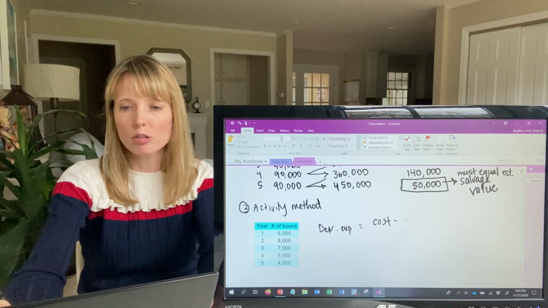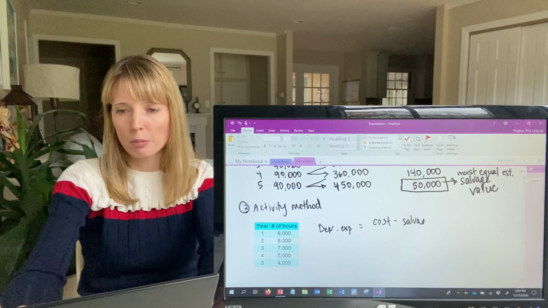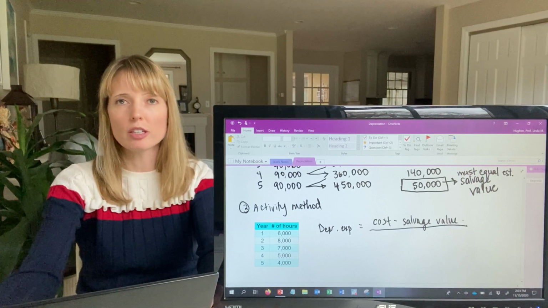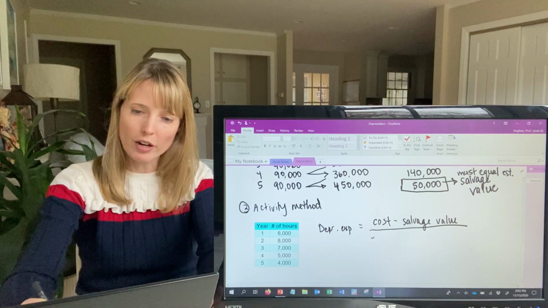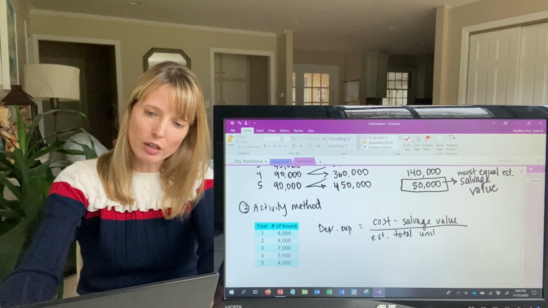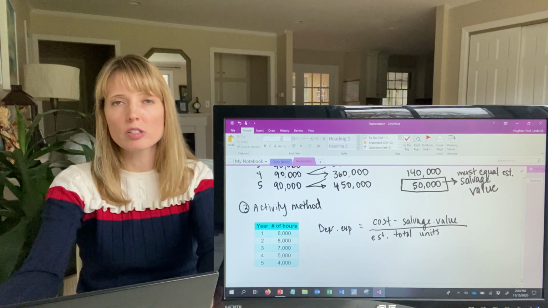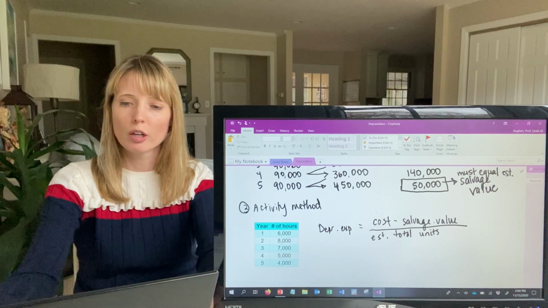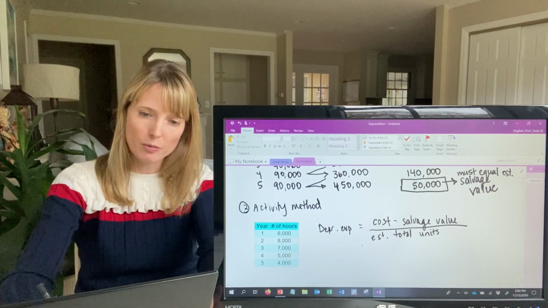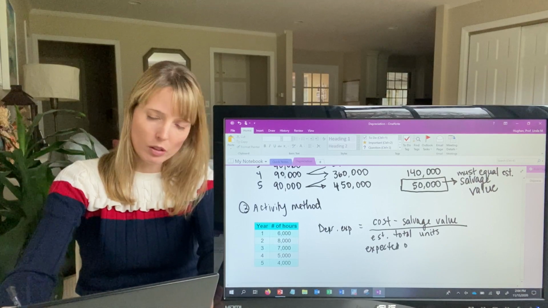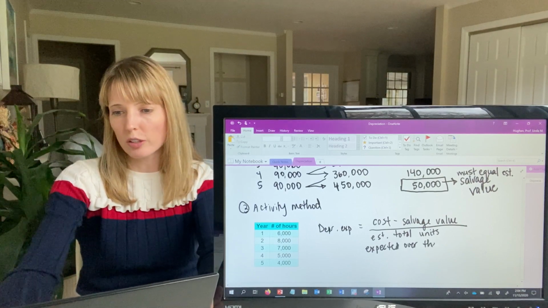Take the asset's cost, subtract out the salvage value, but now instead of dividing by the number of years in the estimated useful life, we're going to divide by the estimated total units, and that unit may be miles, hours used, number of donuts produced over the oven's life, whatever that company decides, expected over the asset's useful life.